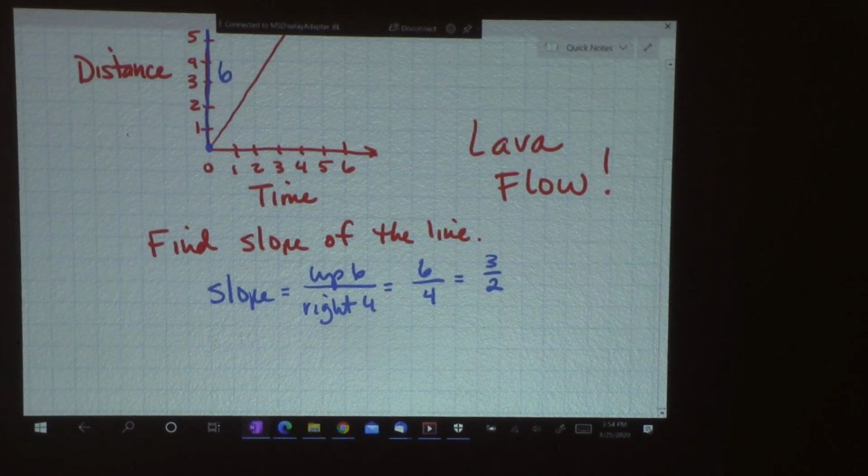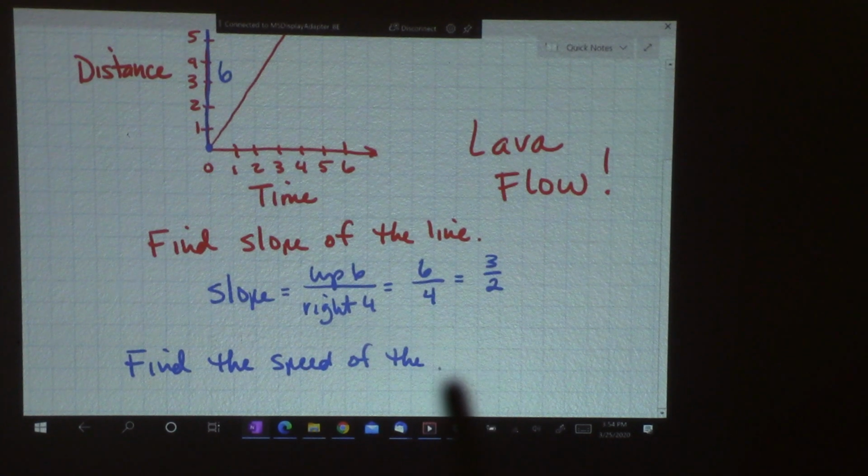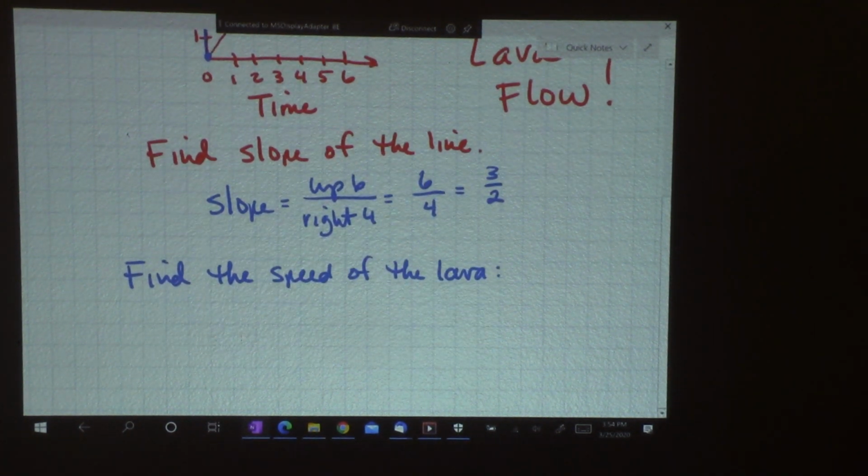Okay? And if I was going to actually find the speed of the lava, I would change that to a decimal. So 3 over 2 is 1.5.